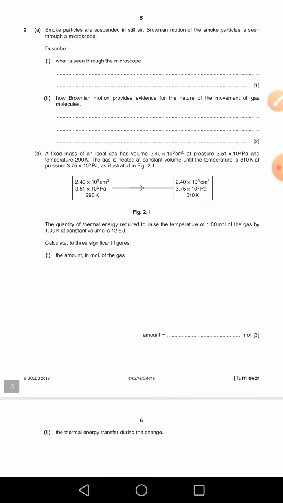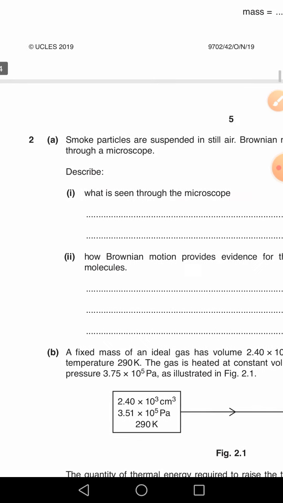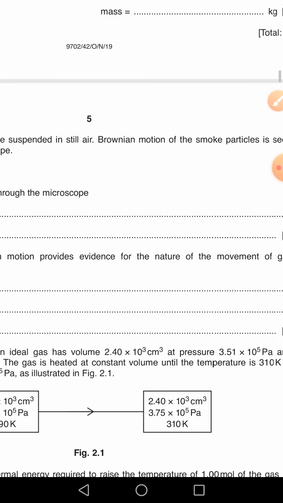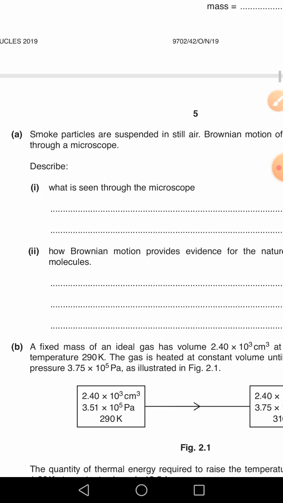Now let's go to question number 2. So smoke particles are suspended in air. Brownian motion of the smoke particles is seen through a microscope. Then what is seen through a microscope?